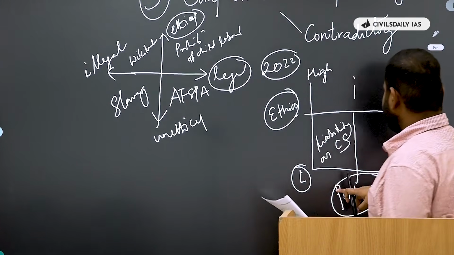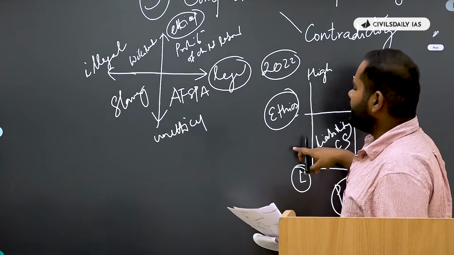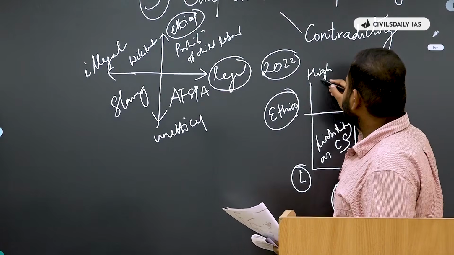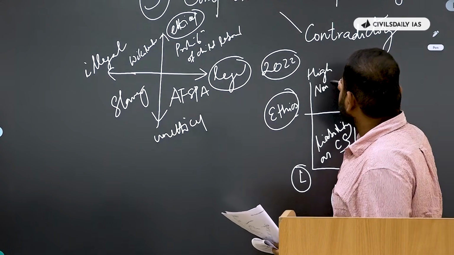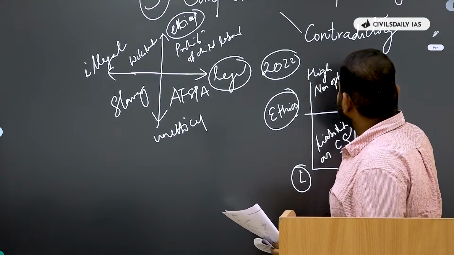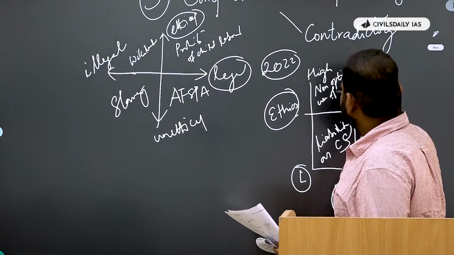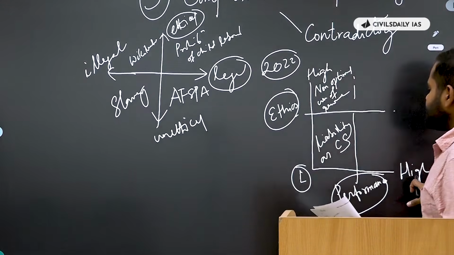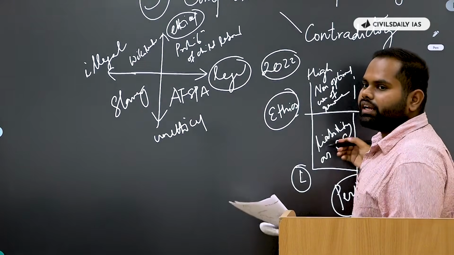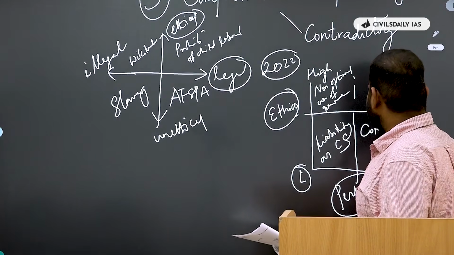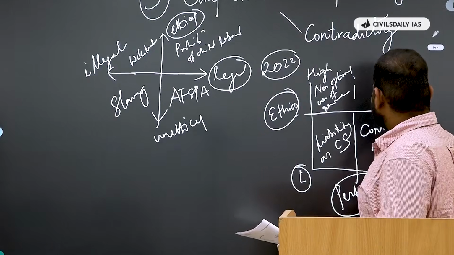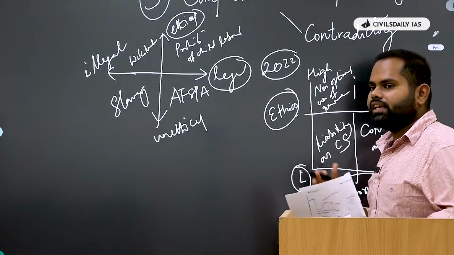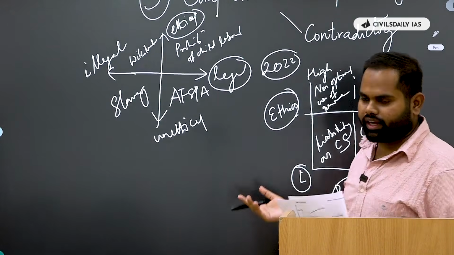So for example, when the performance is low, but ethics is high, then it's non-optimal use of resources. And when you have the performance high, but it's unethical, that could be corrupt acts, which could act as a grease to the administration, but not ethical.